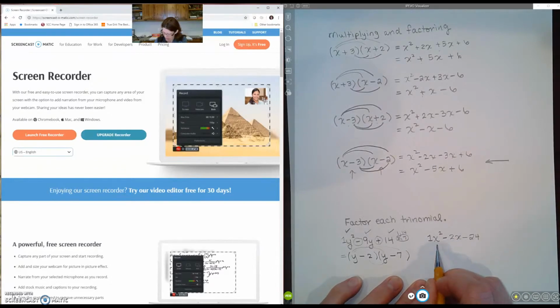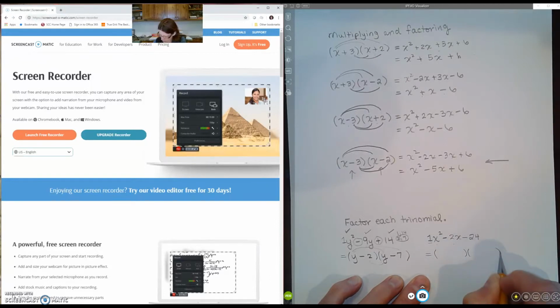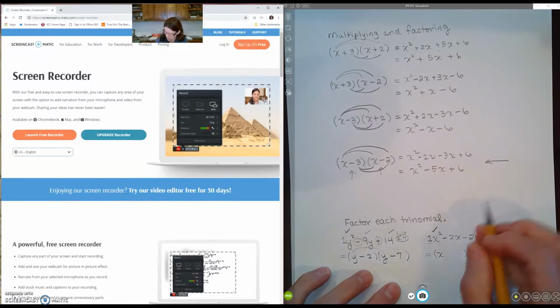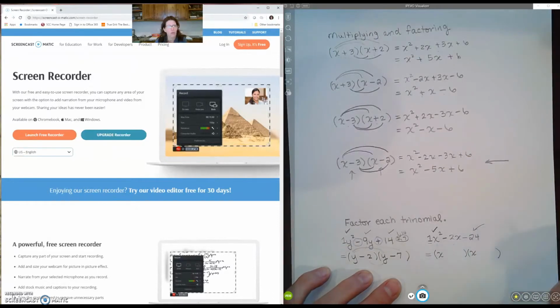We want to factor x squared minus 2x minus 24. Okay, again, our leading coefficient is 1, which makes this of the easier variety of trinomials to factor, because we know that up front we're going to use x times x to give that 1 x squared. Now our only question is, what are factors of negative 24 that when we combine them are going to combine to a negative 2?